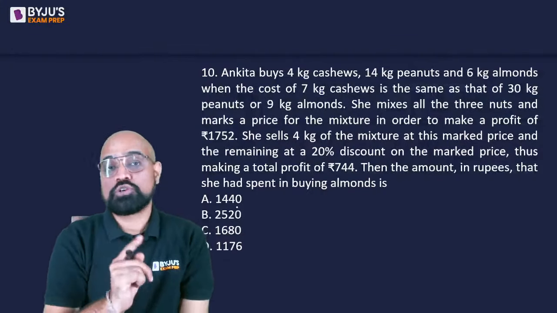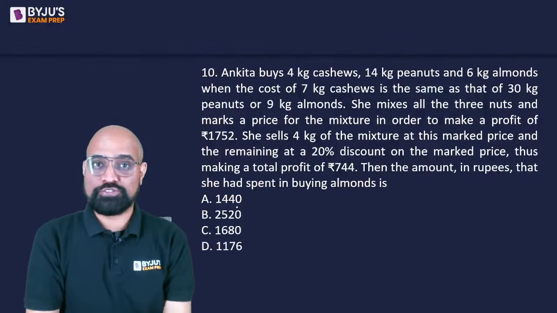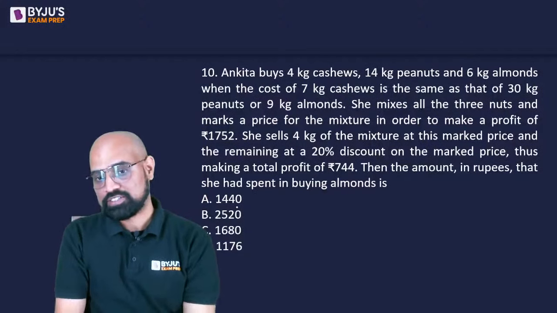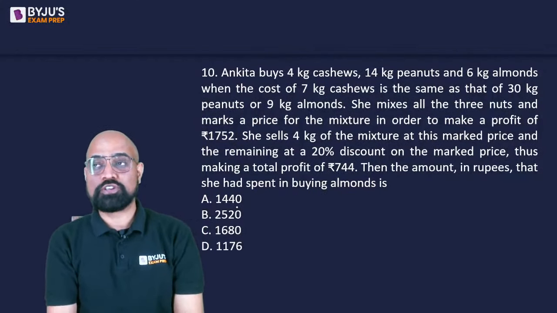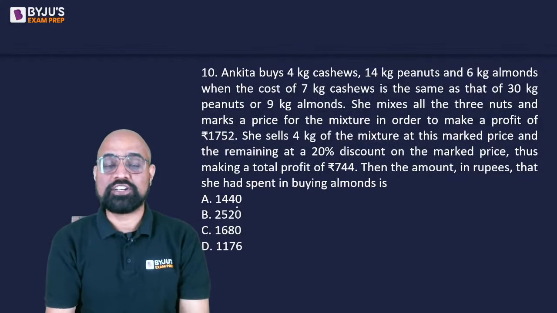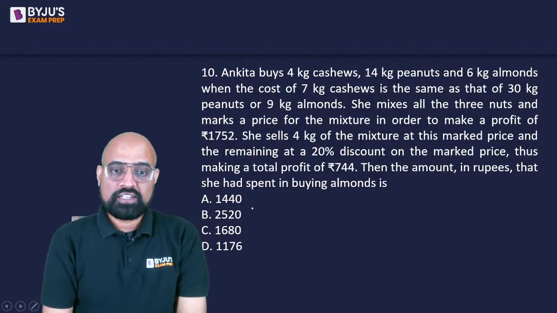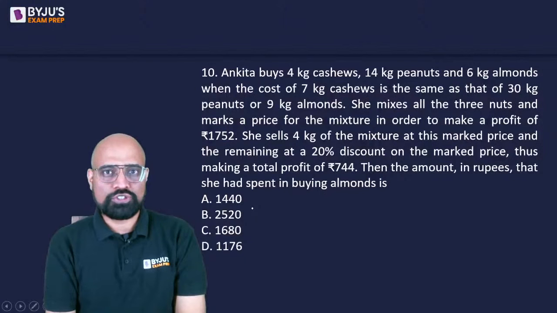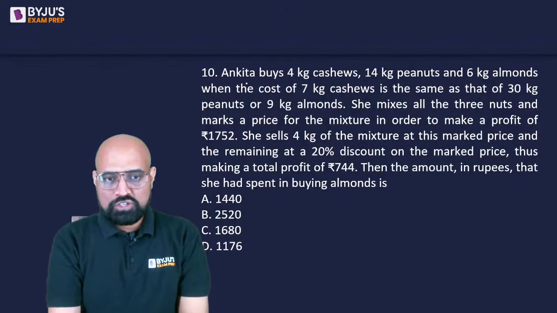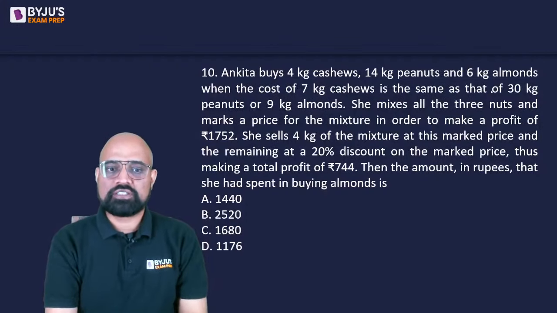Next, this was the question which I had to leave because we don't only have to solve the questions, but we also have to remember the questions so that we can do the analysis. I had skipped this question. So I skipped 2 questions actually. It says Ankita buys 4 kg cashews, 14 kg peanuts, 6 kg almonds.